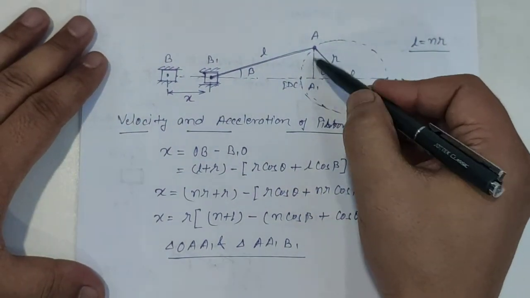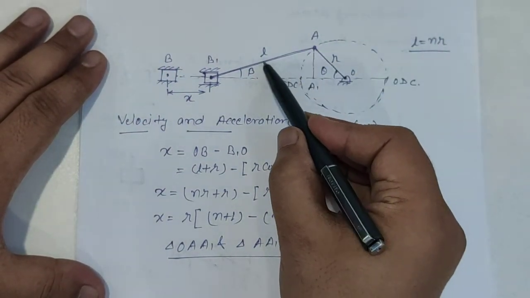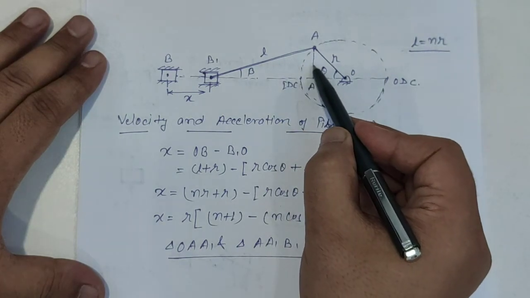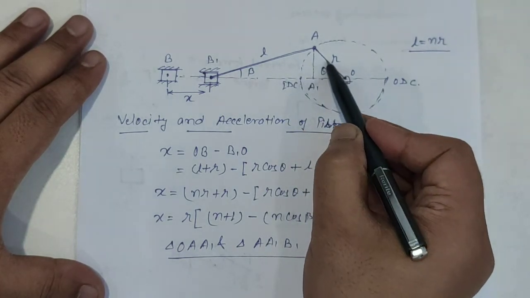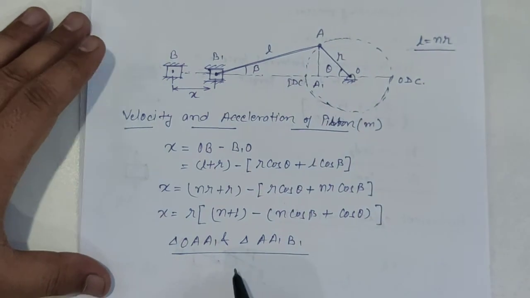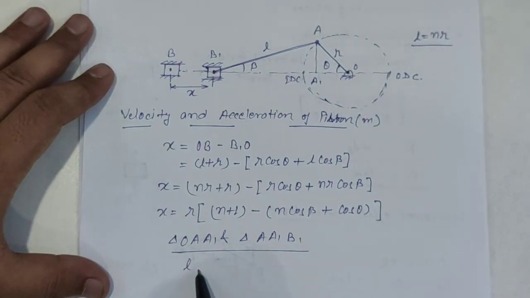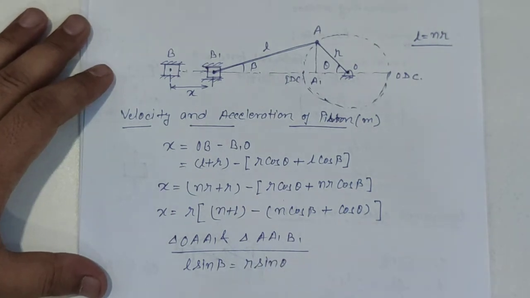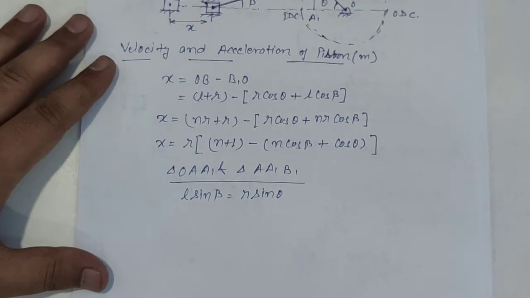This A1 line is common, so we can say that L sin beta will be equal to R sin theta. L sin beta is equal to R sin theta.